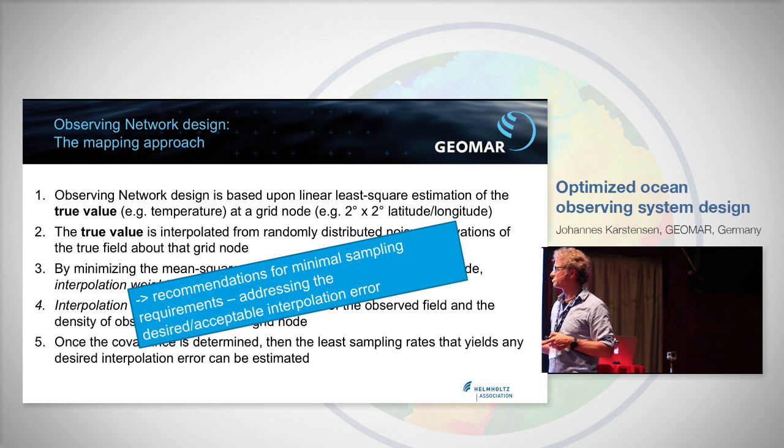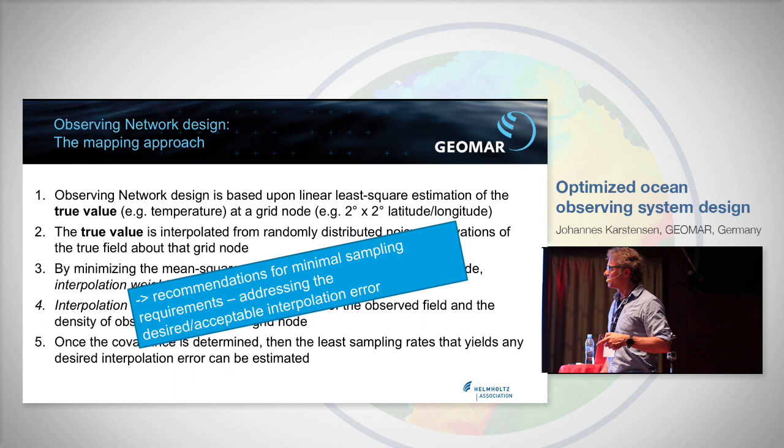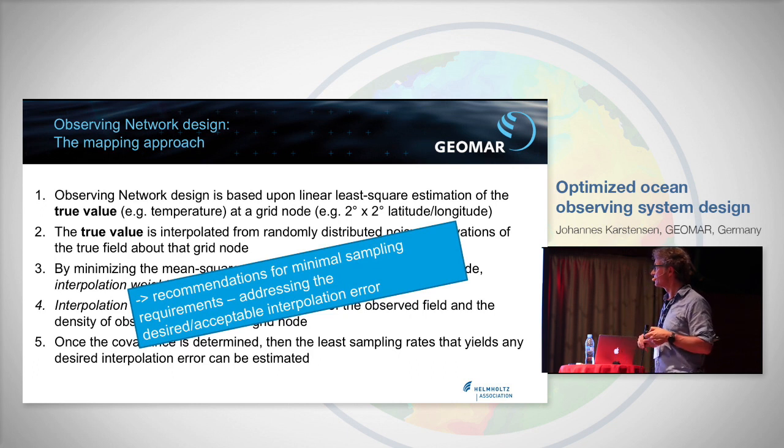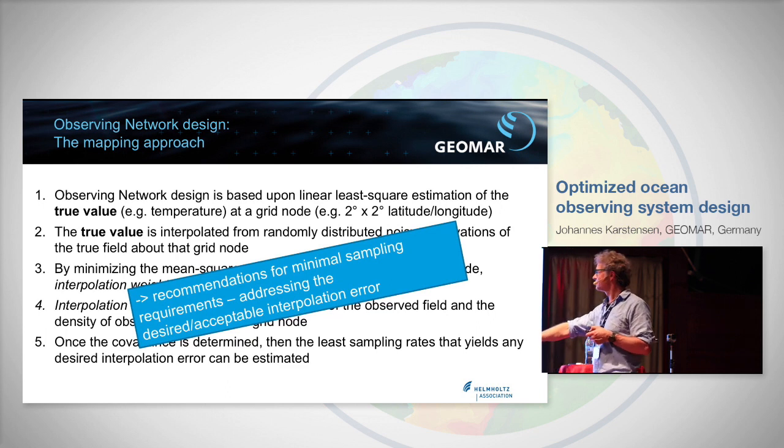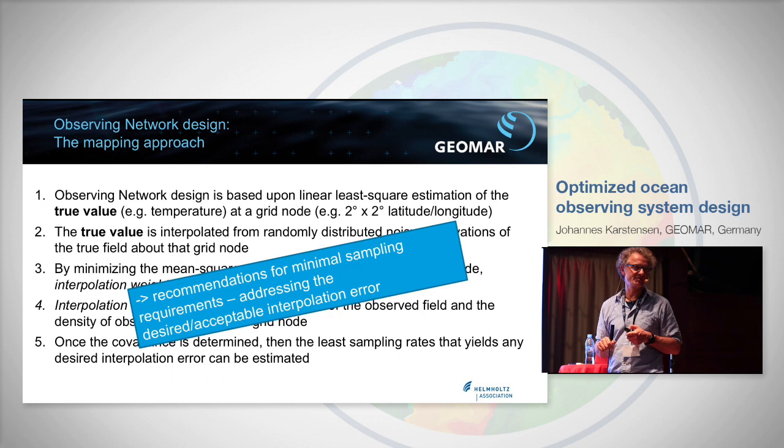If the weights have been determined, which depend on the covariance of the values in time and space in this little square, and you also consider, as I just said, the density of the observations, then, voila, you will get a covariance that is, say, the least sampling rate that yields any desired interpolation error that can be estimated from it.